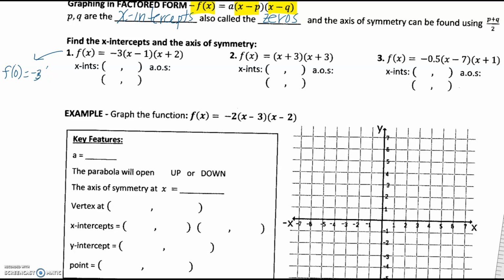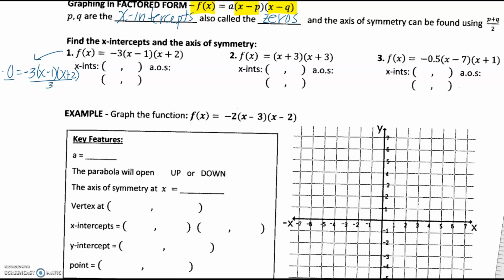I'm not putting in 0, I'm just setting the function equal to 0. So I just want to say 0 equals -3 times x minus 1 times x plus 2. How do I solve this?